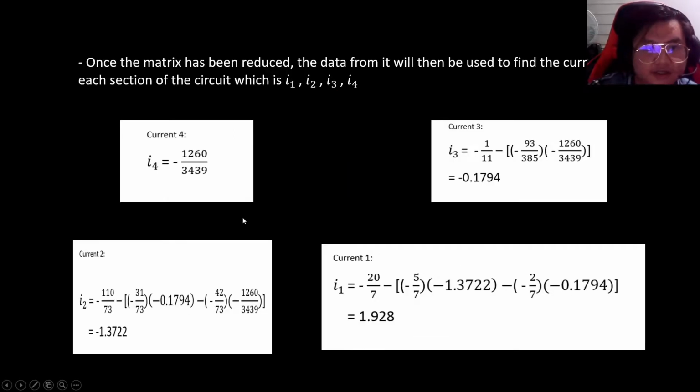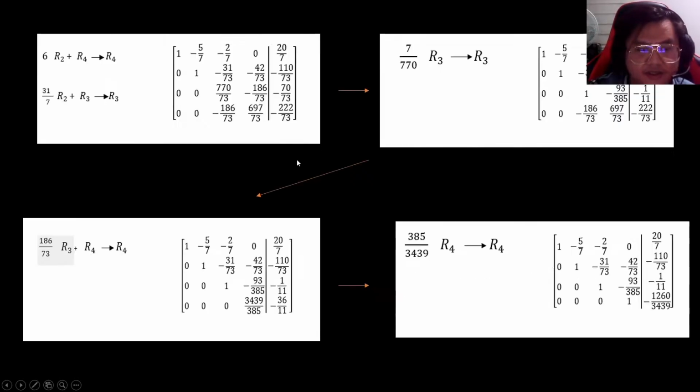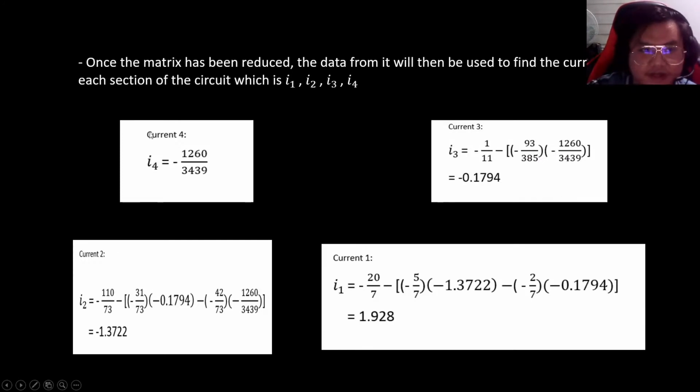Once the matrix has been reduced, the data that we obtain will be used to find the current of each section of the circuit, which is I1, I2, I3, and I4, also known as current 1, current 2, current 3, and current 4.